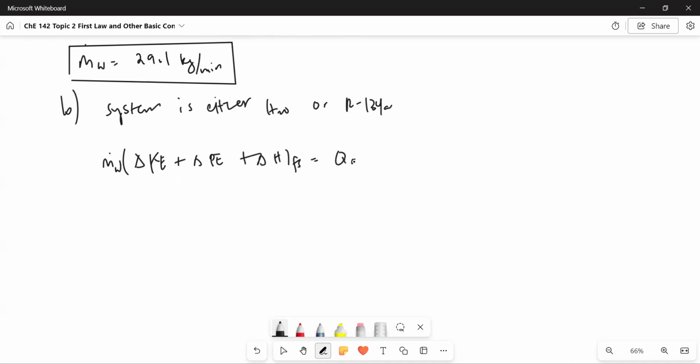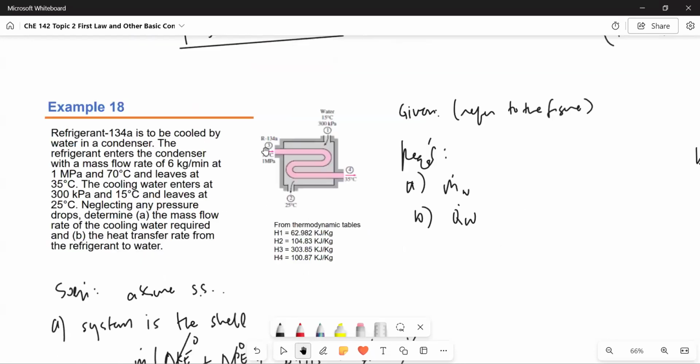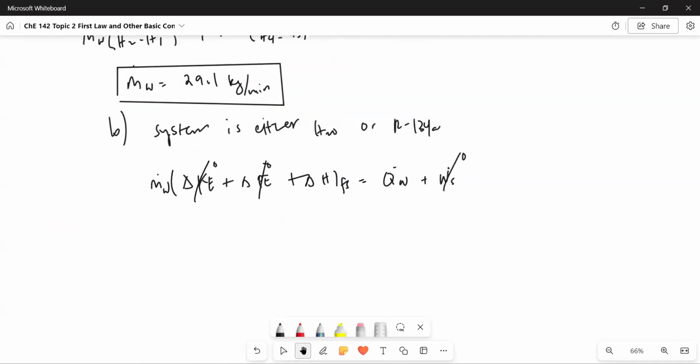This is Q, this is W. Still, W is 0. But there's heat transfer because our system is just the water, not including the refrigerant.